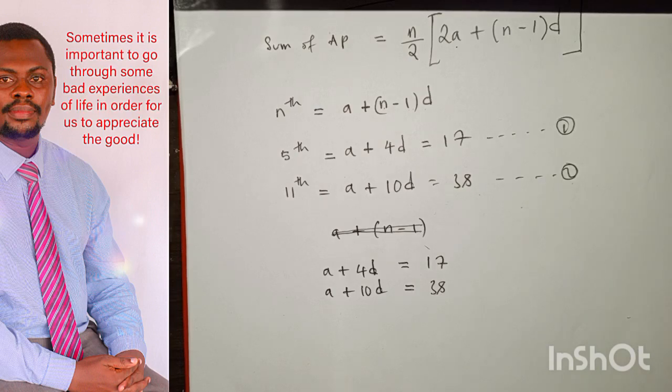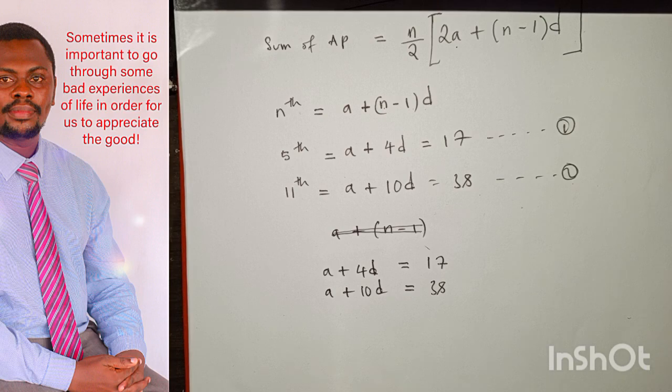Okay, there are many ways, but according to our scope, I can say we have two ways of solving simultaneous equations. There is the substitution method and the elimination method. The easiest to use in this case is the elimination method.